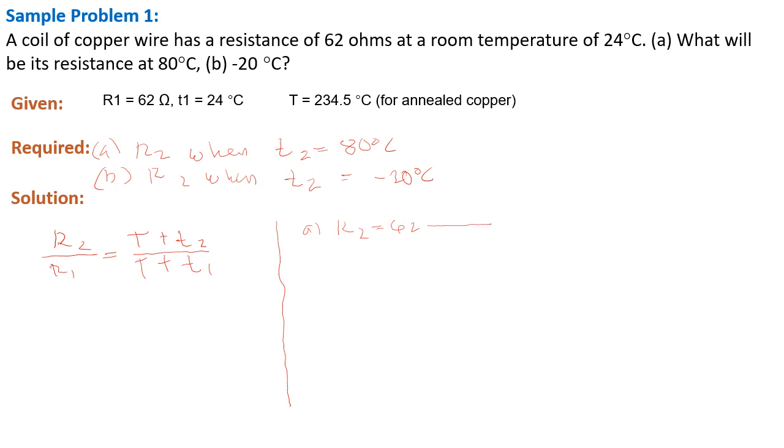Multiply it with the quantity 234.5, right, plus 80 over 234.5 plus 24. All right. Now, if you use your calculator, you will get a number 75.5 ohms.